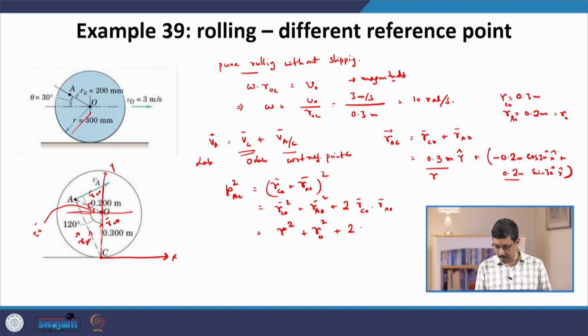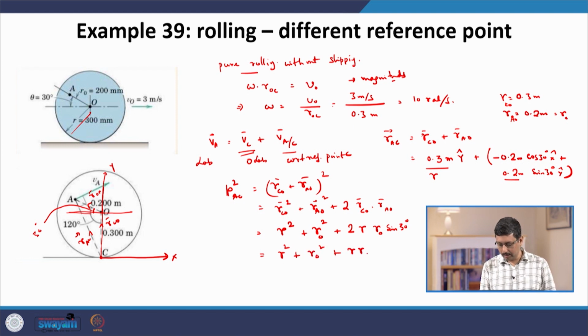So, we have 2 R times R naught sin 30 degree, which is half. So, we have R squared plus R naught squared plus R R naught. So, this is 0.3 squared plus 0.2 squared plus 0.3 into 0.2 square meter squared.